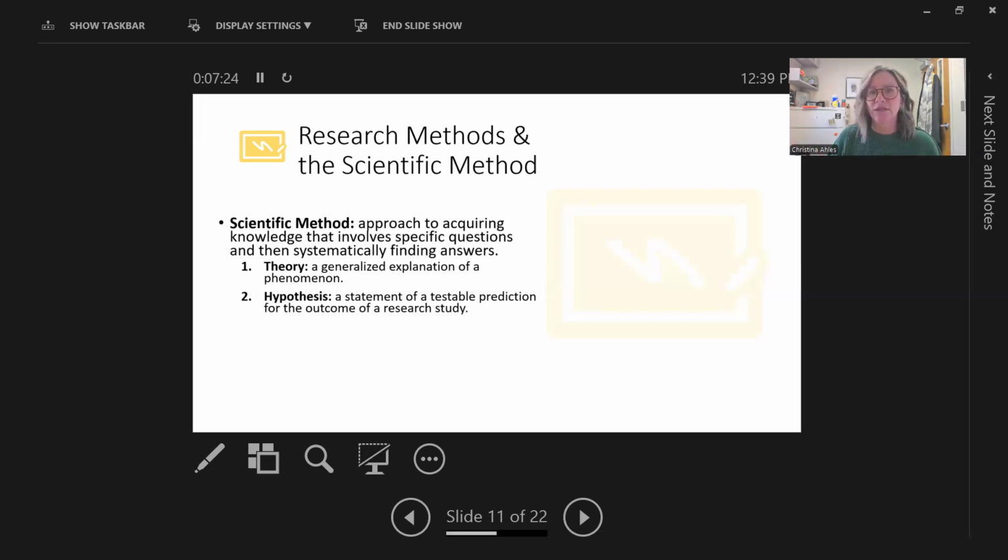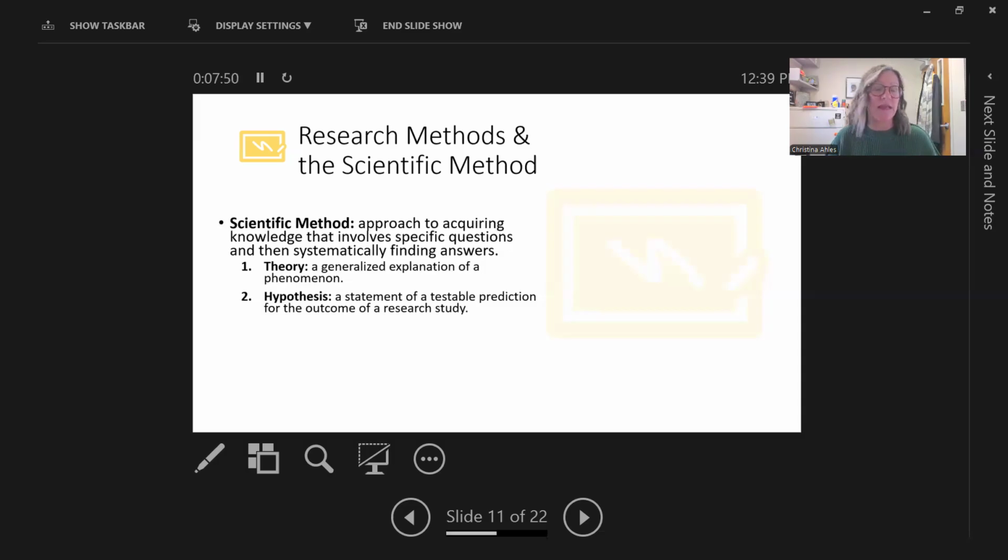What you need to do then is take that theory, that general explanation, and create a hypothesis. Now, a hypothesis is not a question. It is a testable prediction for the outcome of a research study. In that case, maybe my hypothesis would be adolescent boys have higher levels of aggression than adolescent females.